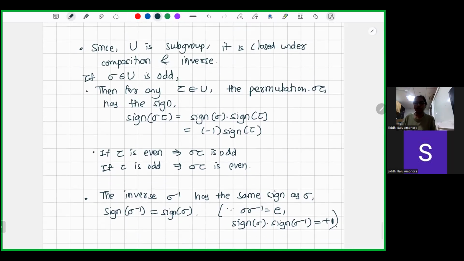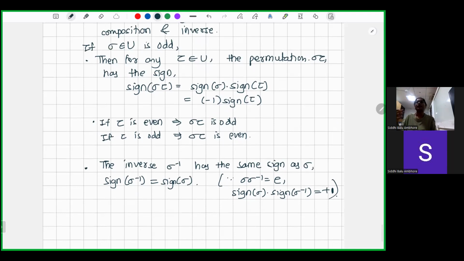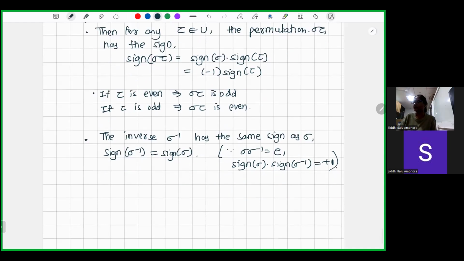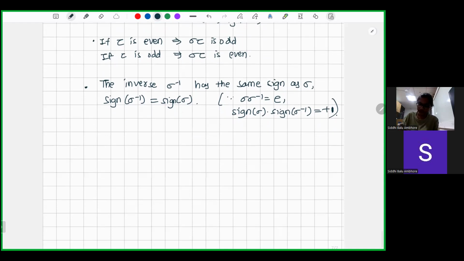So if I have an odd permutation, when I multiply it by any permutation from U, if it's an even permutation, it will give me an odd permutation. If it was an odd permutation, it will give me an even permutation. And also sigma is such that its inverse has the same sign. So what we do is we construct this bijection.